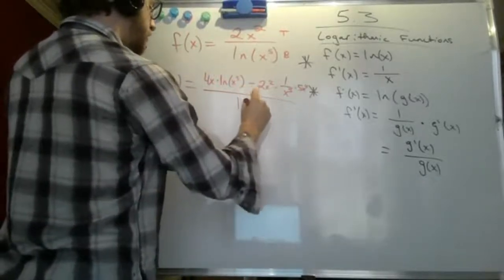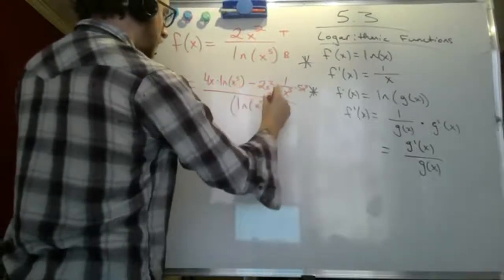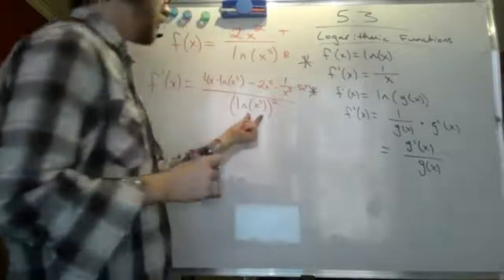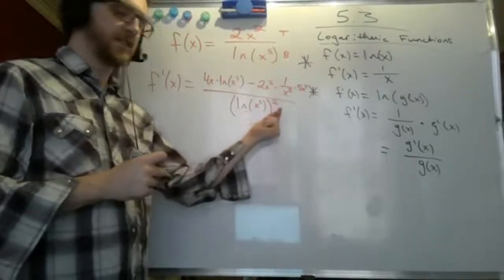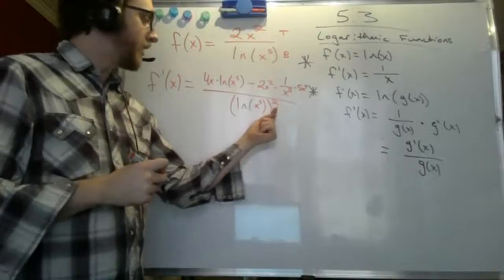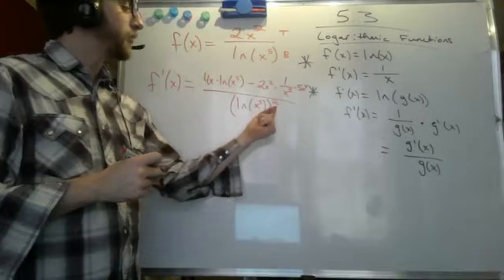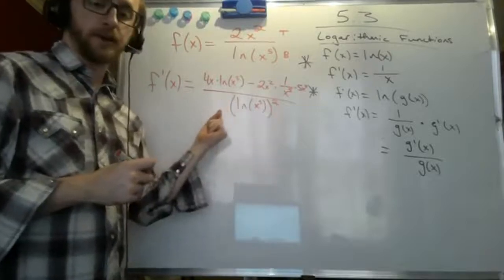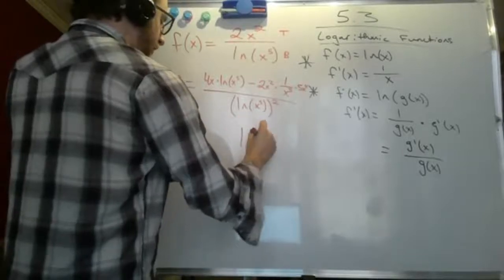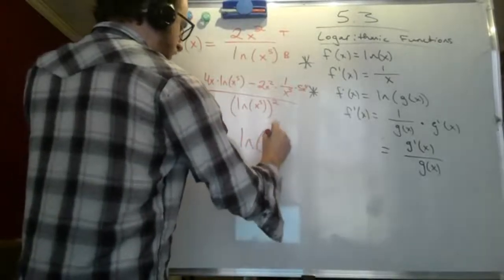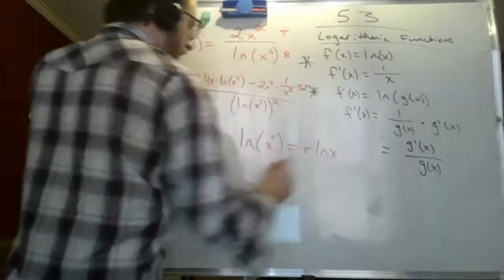Now it's important to recognize the difference here. When I have the natural log of x to the fifth, and then that whole thing is raised to the second power, this is not the same thing as if I had the square on the inside. I can't simplify this by pulling the 2 down to the outside. The rule that we had before was specifically if you have the natural log of x to the r, then this is r times the natural log of x.